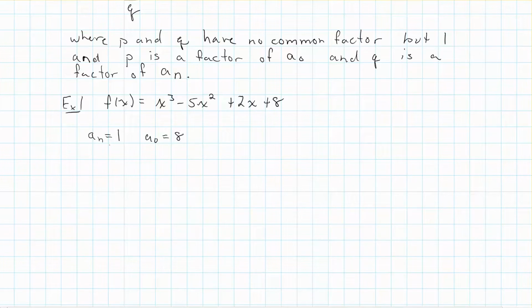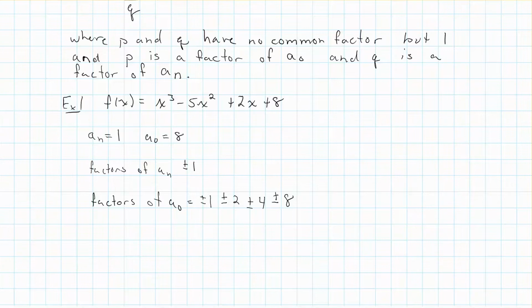Factors of a_n are plus or minus 1. Then the factors of a_0, we get positive and negative as well. Make sure to include all of them: plus or minus 1, plus or minus 2, plus or minus 4, plus or minus 8.